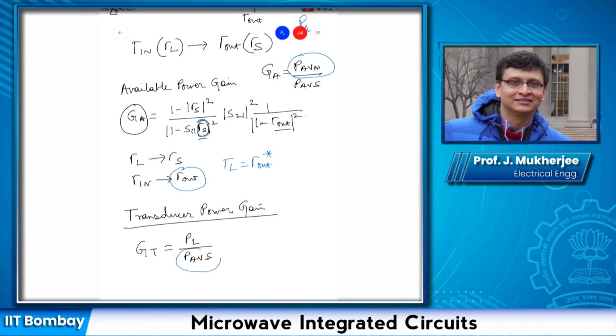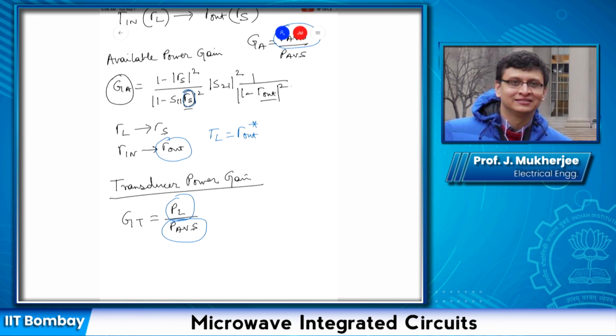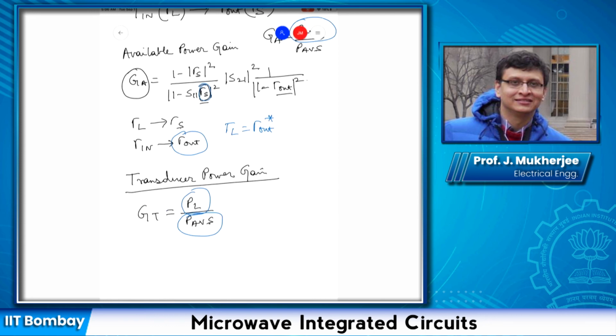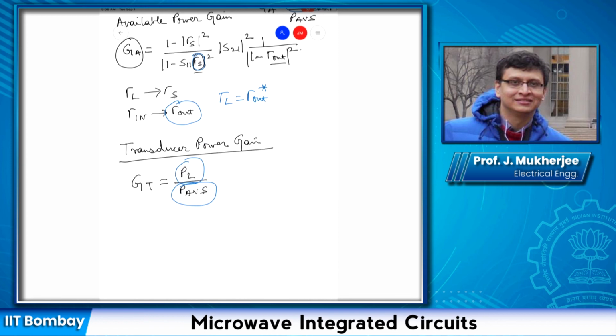PAVS represents the maximum power that a source can deliver, or the power rating of a source, and PL is the actual power delivered to the load, and they have a very good connection with the user because these are the quantities that actually matter. So again, I leave the derivation of the GT expression as an exercise. It is given in the notes.